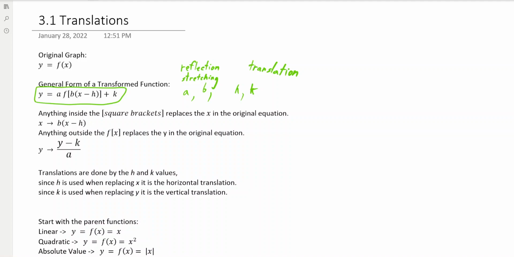So we're going from some sort of original graph to a transformed graph. We use the form f of x in order to show that it could be any function. When we talk about f of x, we aren't specifying whether it's a reciprocal function, quadratic, cubic, whatever.